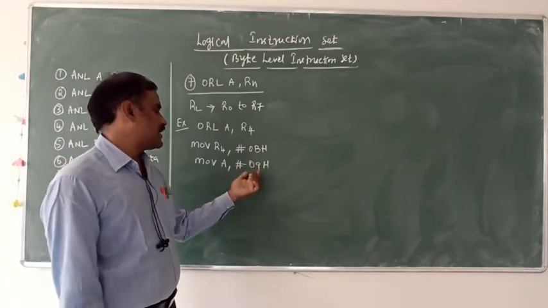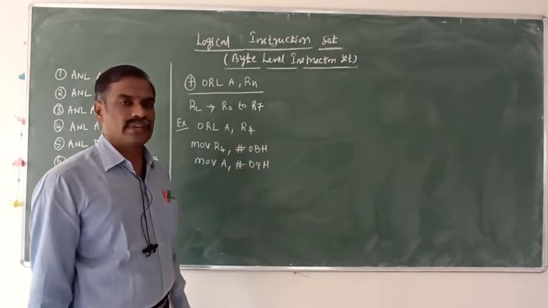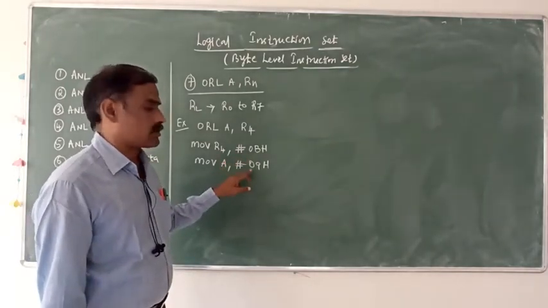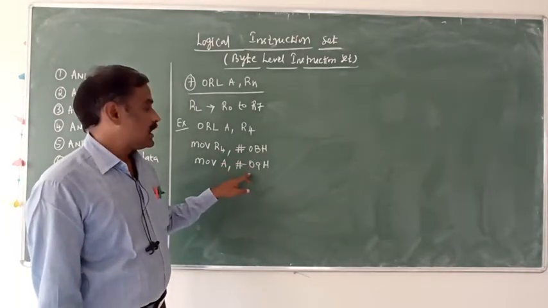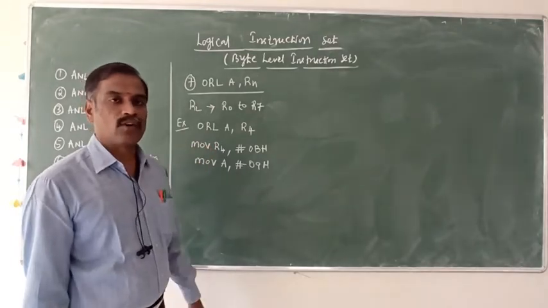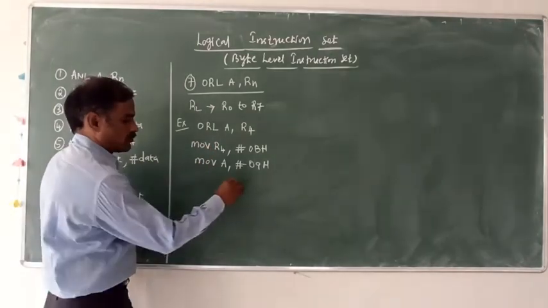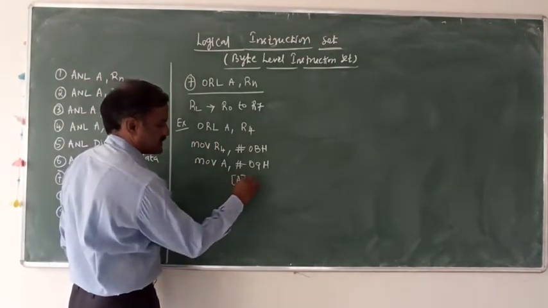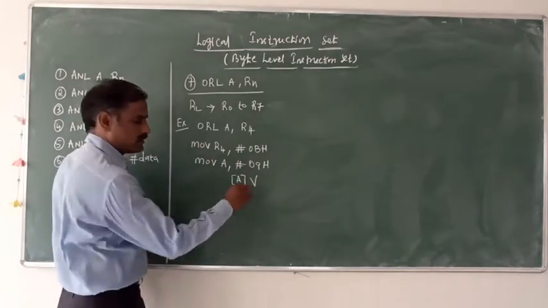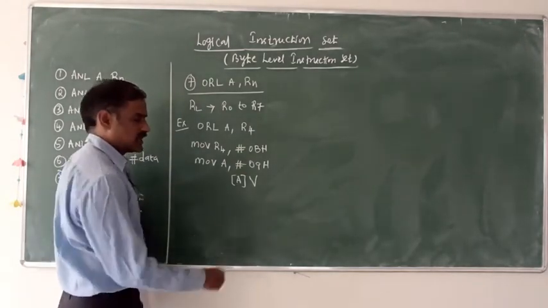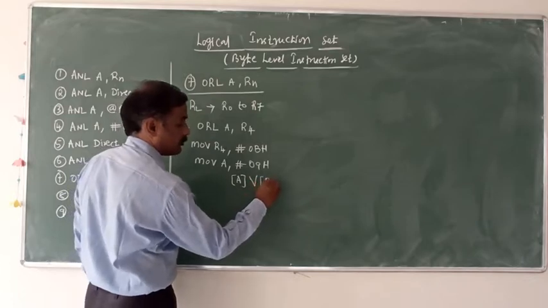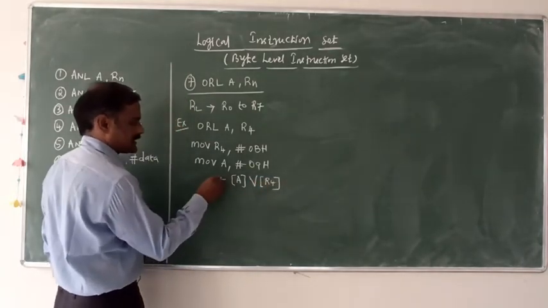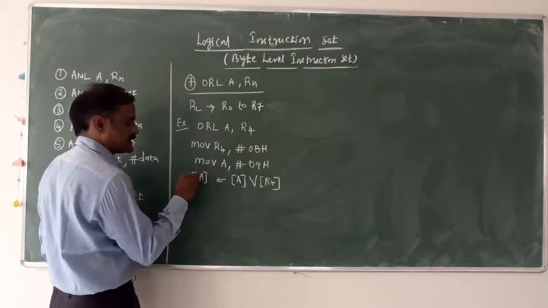Accumulator is 09 and register R4 is 0B. Now logically OR these two data, and the result always moves to the accumulator. The accumulator data, this is the symbol of logical OR, with the R4 register data. That result moves to the A register itself.